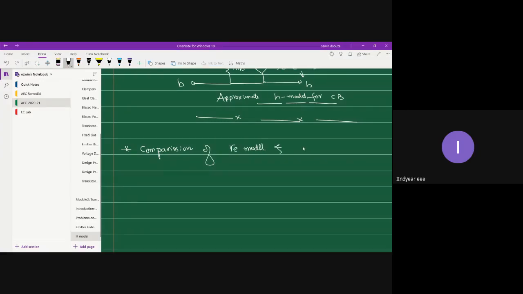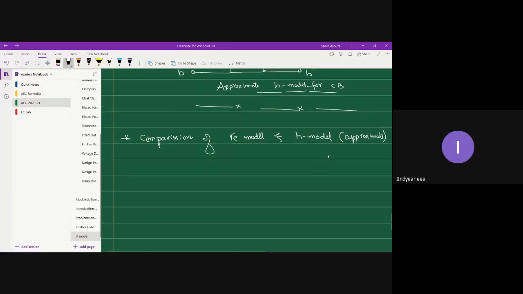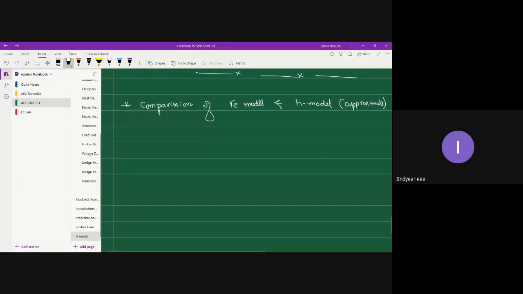Okay. Last topic, let me take the comparison of RE model and H model. For the comparison's sake, let me consider the approximate H model. I will consider CE configuration.